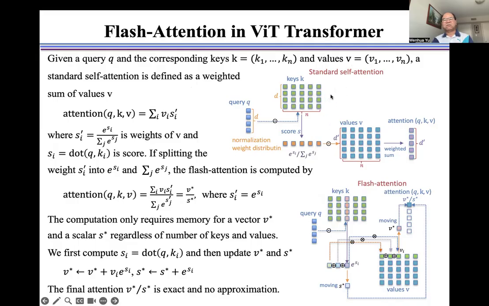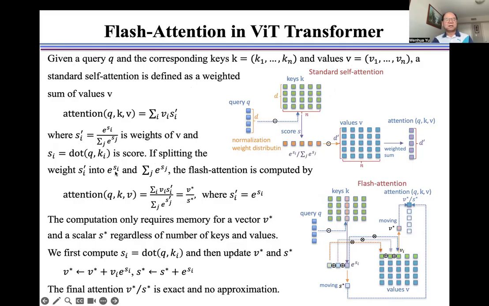The standard self-attention requires memory for keys, values, and the normalization weight distribution, where Si prime is a weight of v and Si is a score.